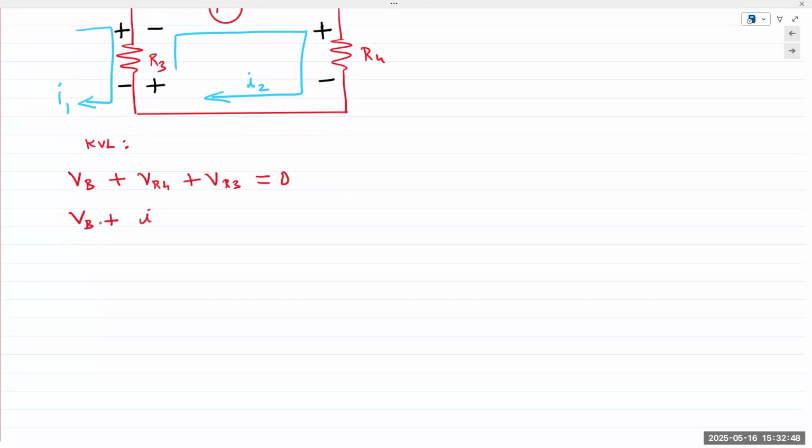VR4 would be I2 times R4, and VR3 would be I2 minus I1 times R3.